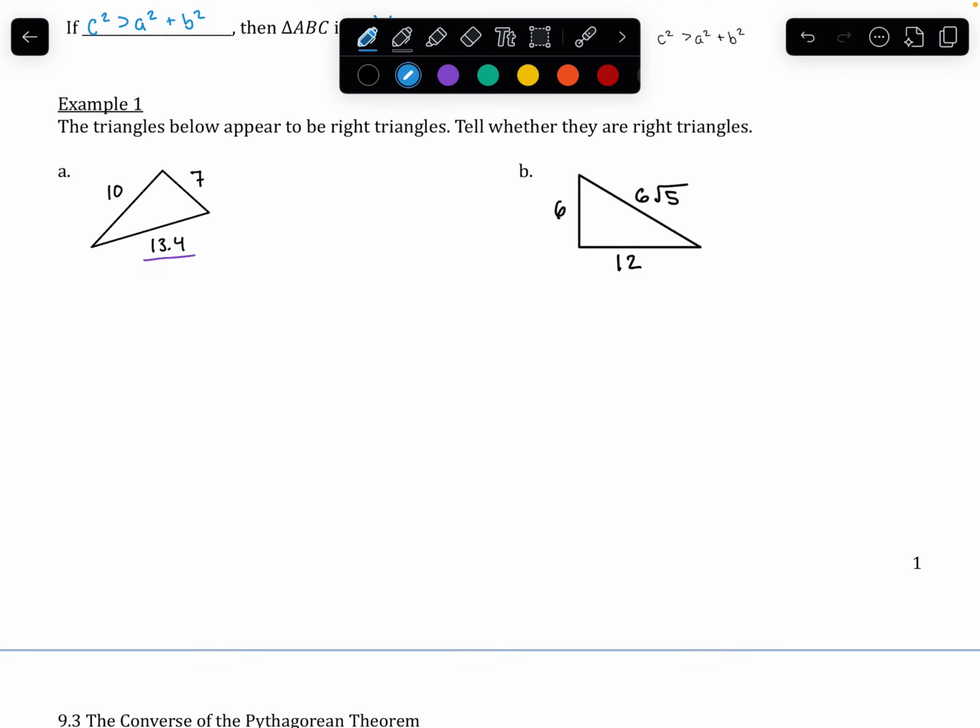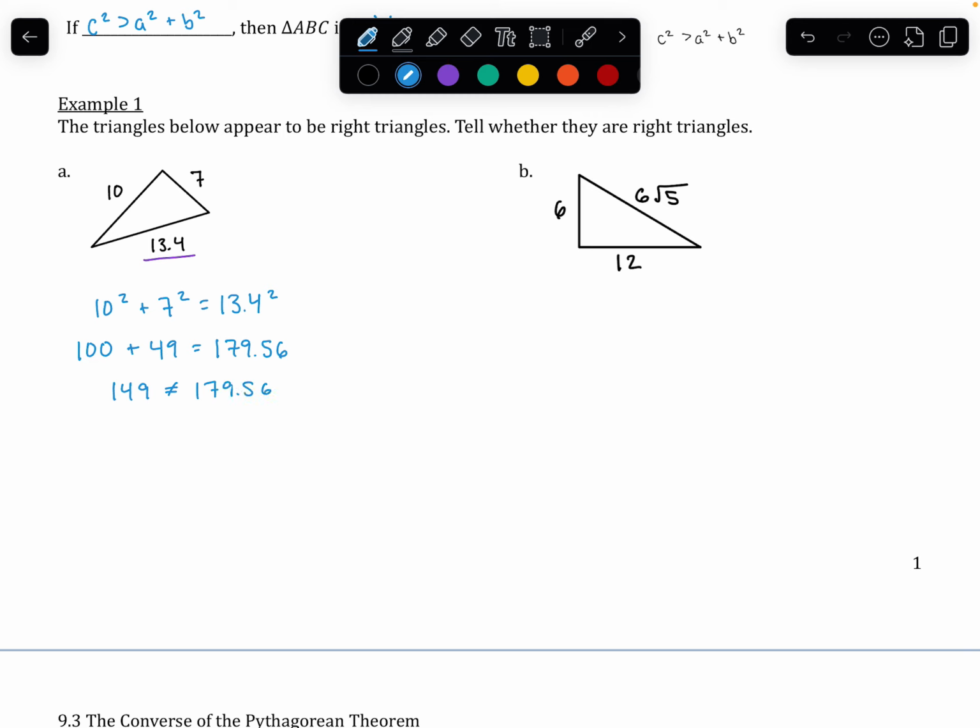So we have 10 squared plus 7 squared equals 13.4 squared. 10 squared is 100 plus 7 squared is 49, equals 13.4 squared, which is going to be 179.56. 100 plus 49 is 149, and that does not equal 179.56.